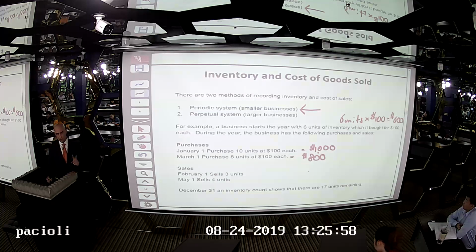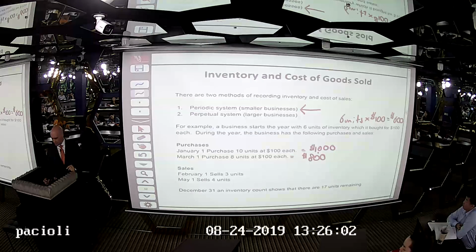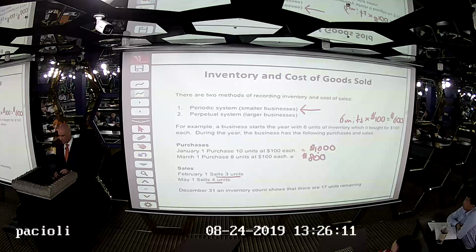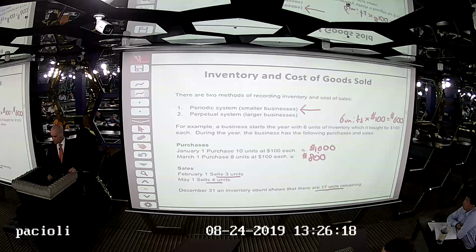So we have two purchases. And then sales, February 1st, they sell 3 units, and then May 1st, they sell 4 units. And then at the end of the year, an inventory count shows there are 17 units remaining.